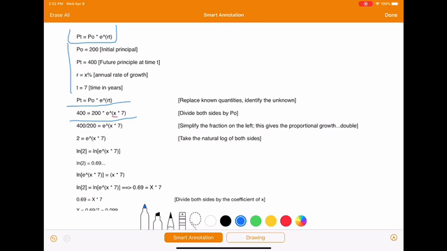Now we're one step closer to having x isolated on its own. And the next step, the fraction 400 over 200 just reduces to the number 2. So now we have e raised to a certain power is equal to 2.